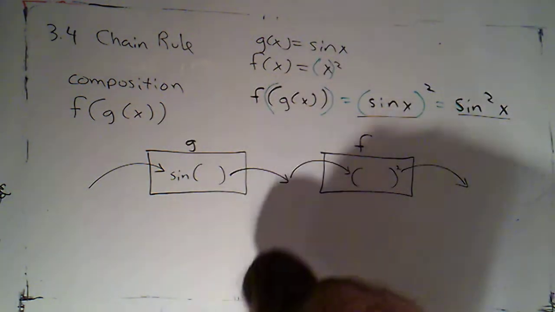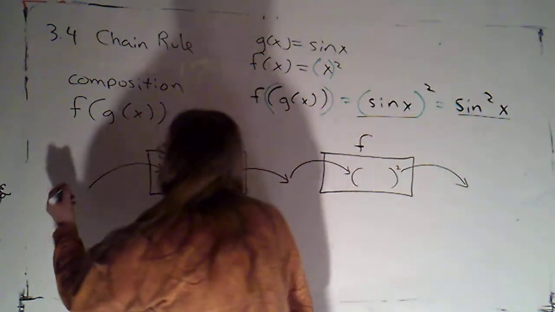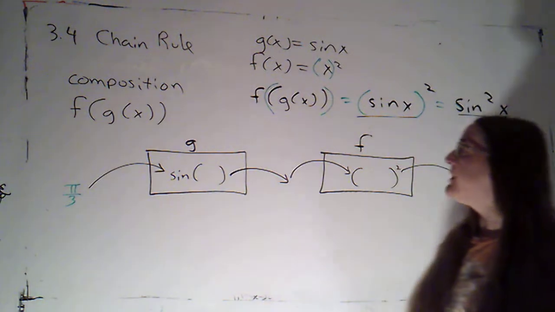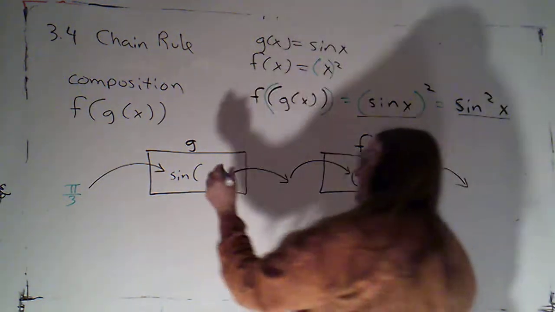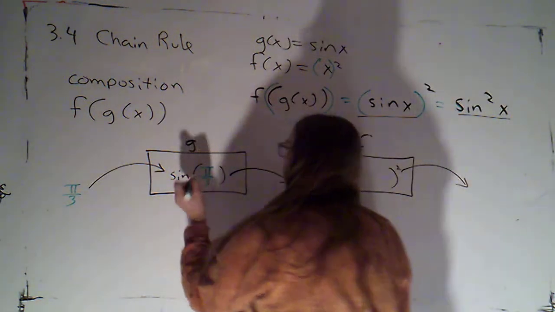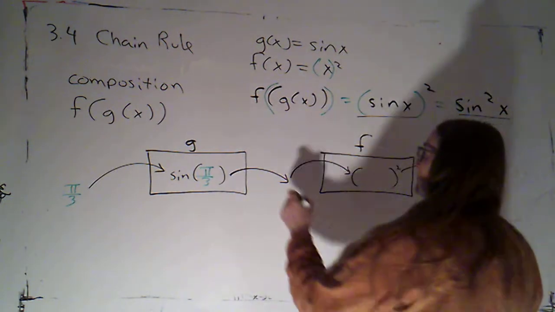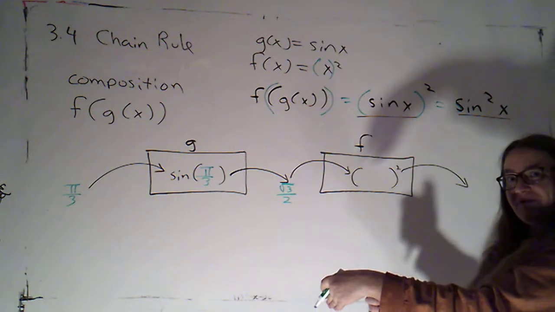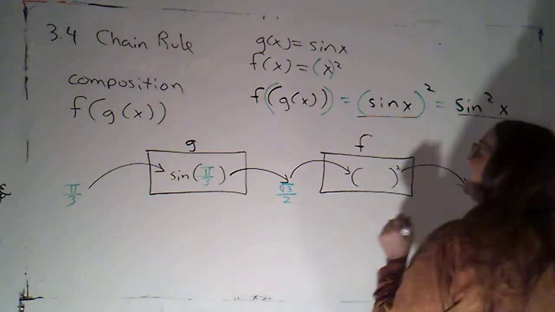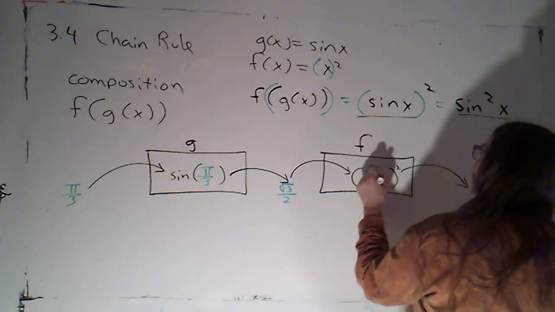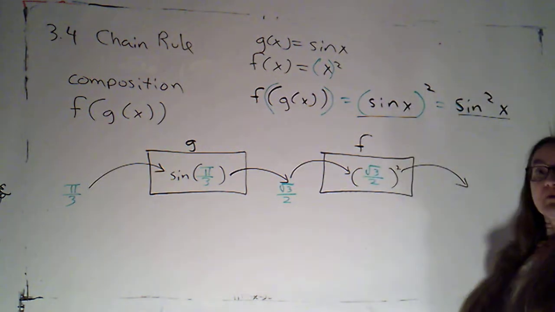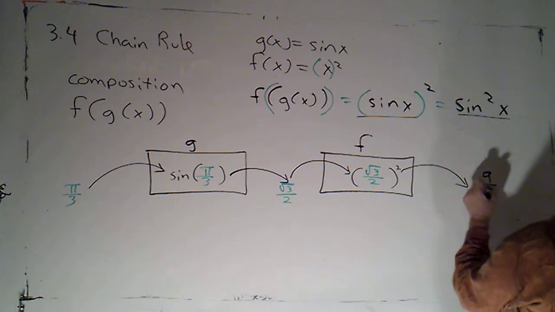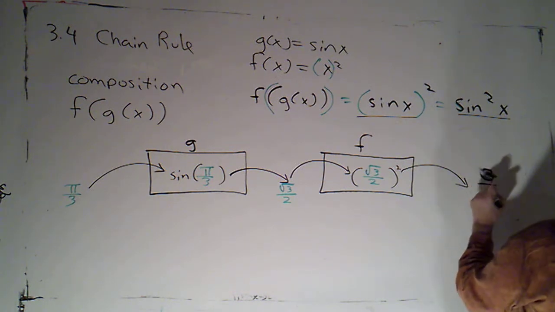If, just as an example, I were to take pi over 3 and plug that in, pi over 3 gets plugged into sine, so I would take sine of pi over 3. That's root 3 over 2. That's the output from g. That's going to become the input to f. So I would plug in root 3 over 2, and I would square that. And that just becomes 3/4.